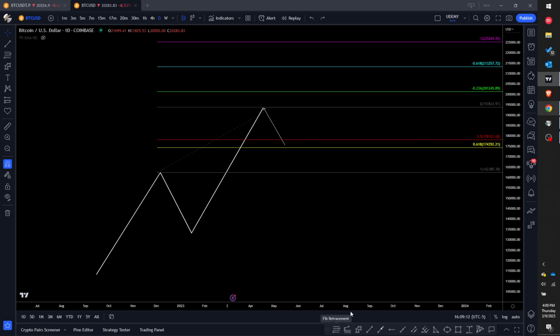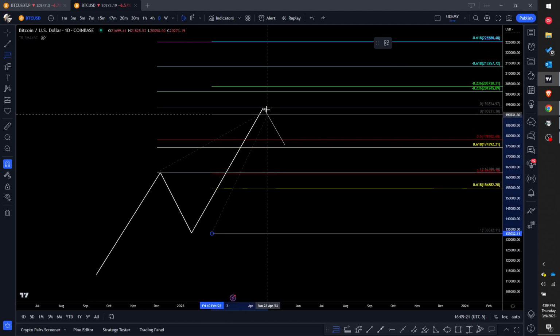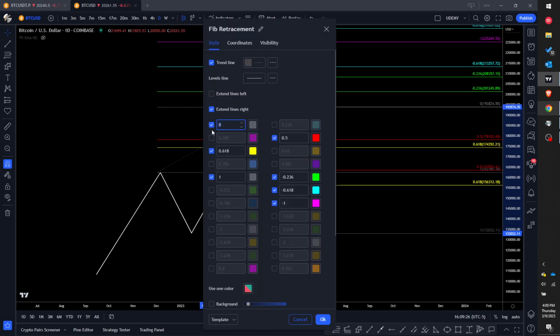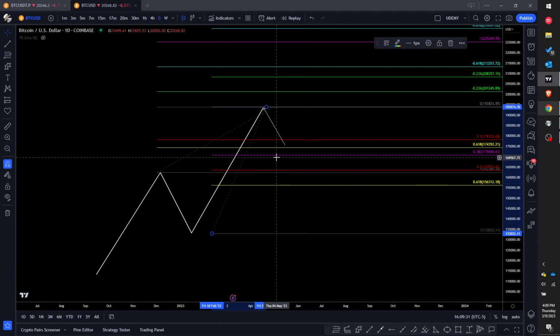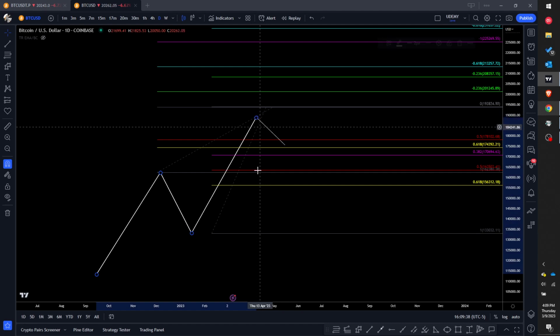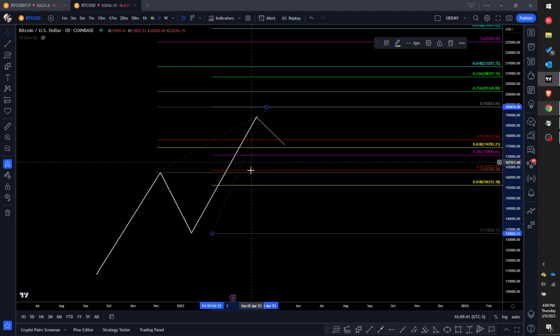I should have left that there. Let me leave that there. If I were to redraw it the right way, my right way, from this bottom to this top, but add in the 382, you'll see that, of course, I didn't draw this exactly as it usually plays out, but what you would find is this 382 to the 236.